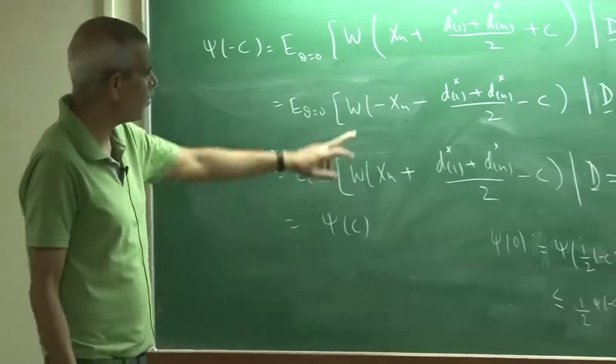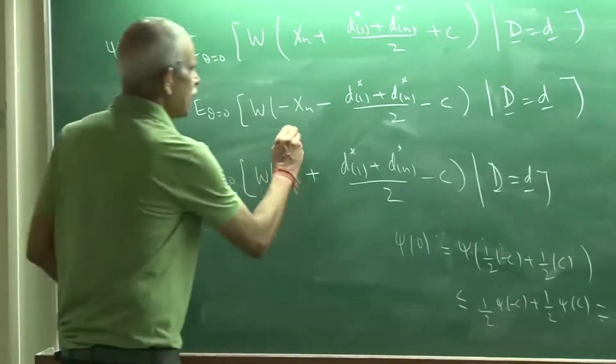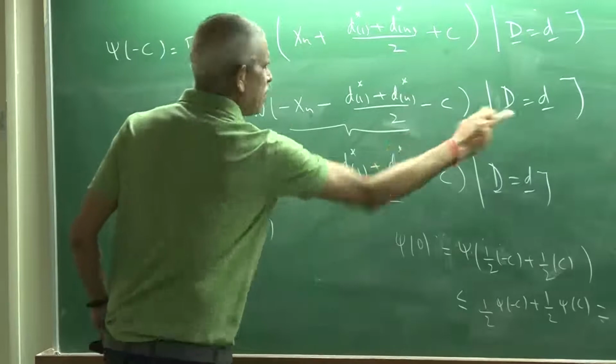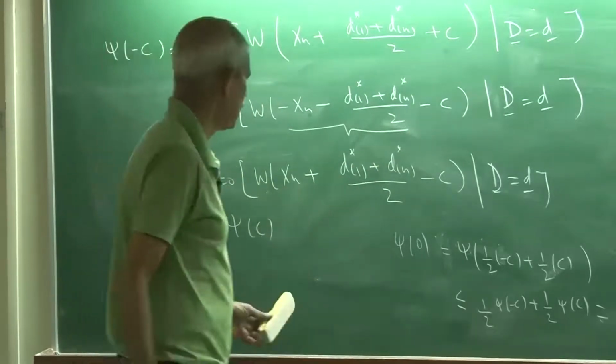Now, note that this question mark would be settled if I can show that the conditional distribution of this given D is equal to d has the same distribution as this.